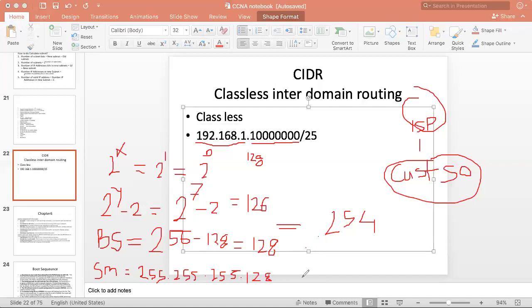And what is a subnet mask anyway? A subnet mask tells you the number of network bits and the number of host bits. By putting this subnet mask, I will get to know 24 bits and one more bit on.